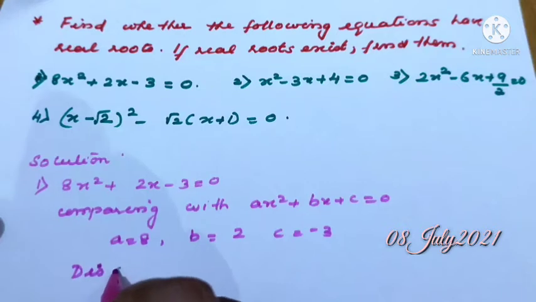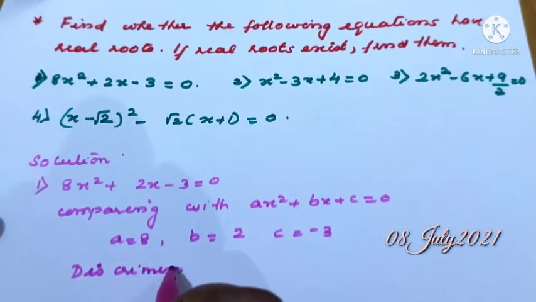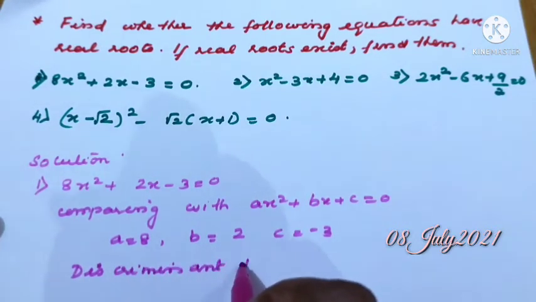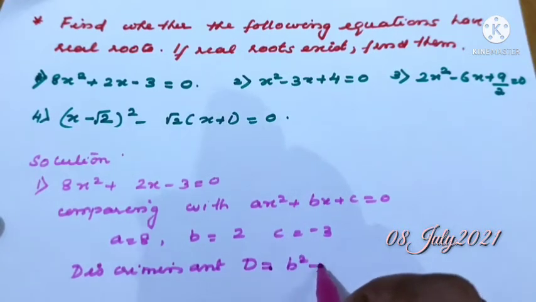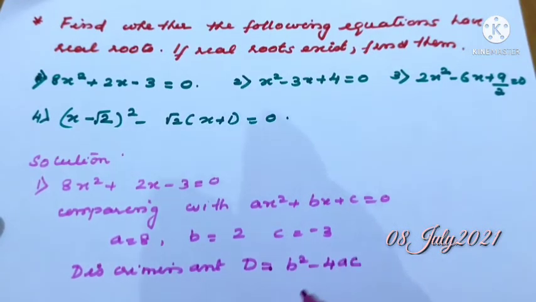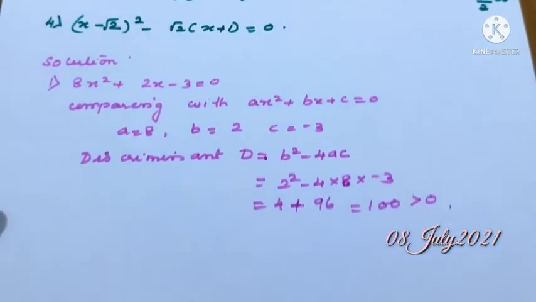Discriminant D equal to b square minus 4ac. Don't forget the square, some children make that error. So 2 square minus 4 into 8 into minus 3, that is 4 plus 96, it is equal to 100, which is greater than 0.